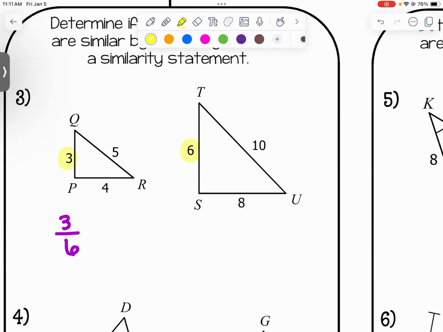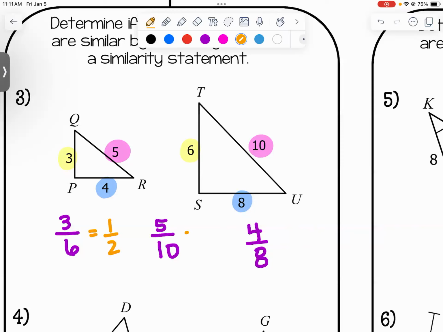The biggest side is 5 and 10, so I'm going to write 5/10. And then our middle sides are 4 and 8, so I'm going to write 4/8. Sure about those fractions? They are all the same.